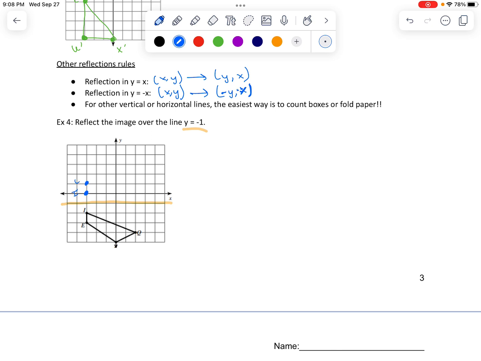So I got I prime and E prime there. Q is 3 below, so I need to go 3 above. And V is 1, 2, 3, 4 below, so I need to go 4 above. Now I connect.